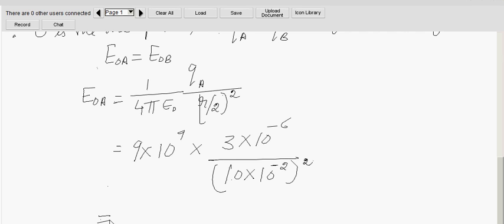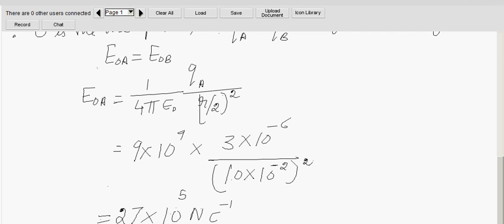Simplify this, so 9 3s are 27, multiplied by 10 to the power 5 you will get. So cancel out 9 and minus 6 and also bring this to top, you will get 27 into 10 to the power 5 Newton per coulomb.